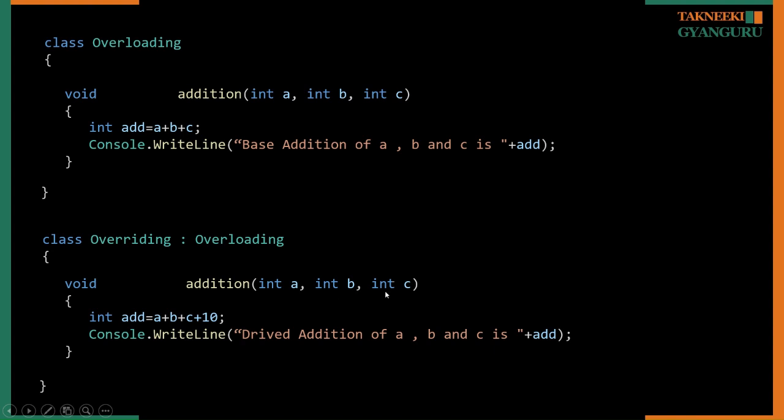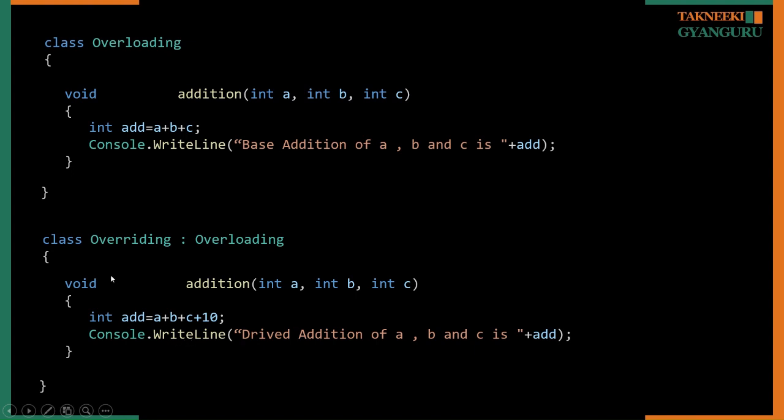In overloading, the parameter types were different, but here the parameter types are the same and the method name is also the same. Now we are saying int add, and again we are summing these three values, a b c, and adding 10, so that we can recognize whether this is the derived function or the base function. So base addition, derived addition of a b c.